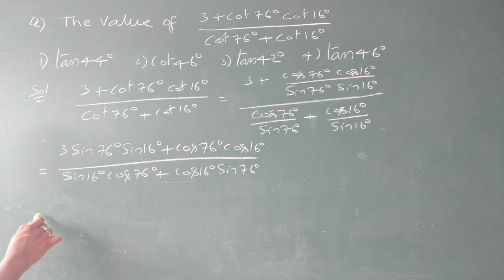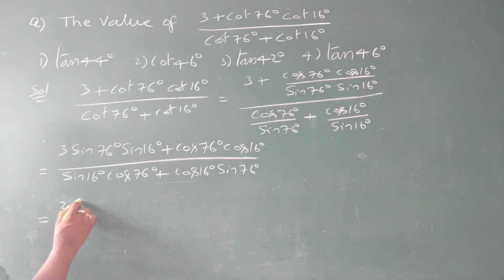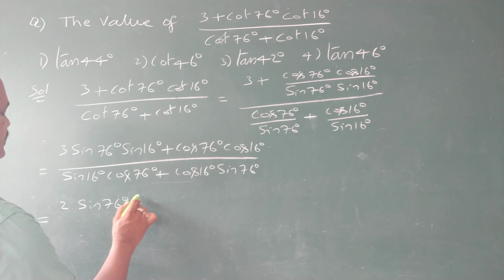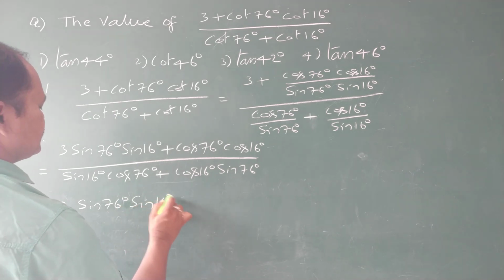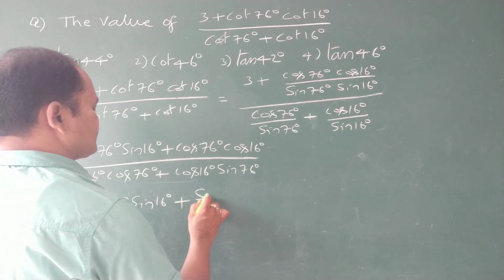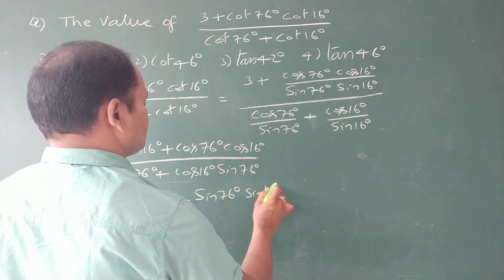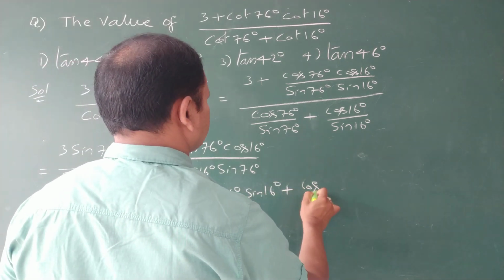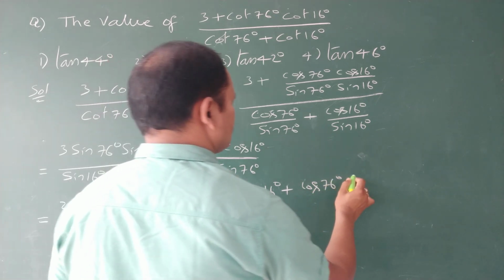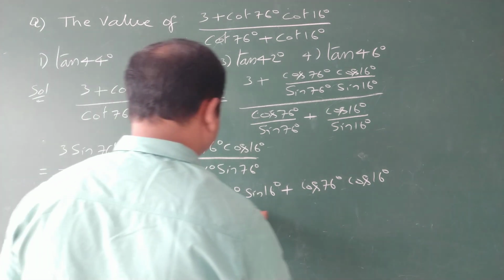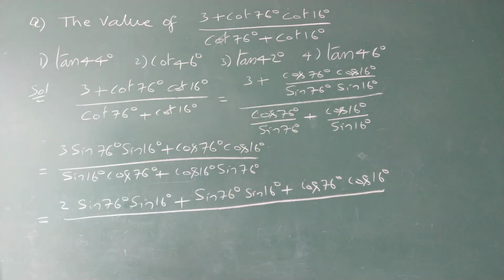Now this can be written as 2 times sin 76 sin 16 plus sin 76 sin 16 plus cos 76 degrees into cos 16, whole by the denominator.